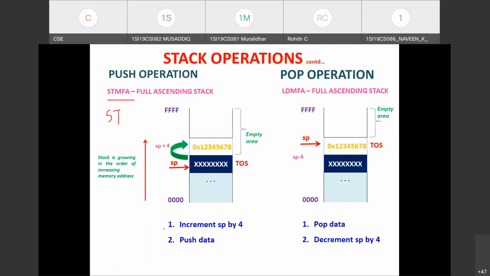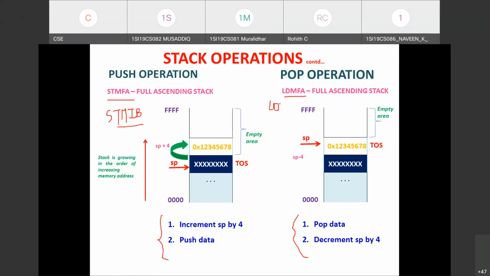Just see the instructions I have written and tell. What have we done first? STMIB. Very good. Increment before. This is the equivalent instruction for STMFA.